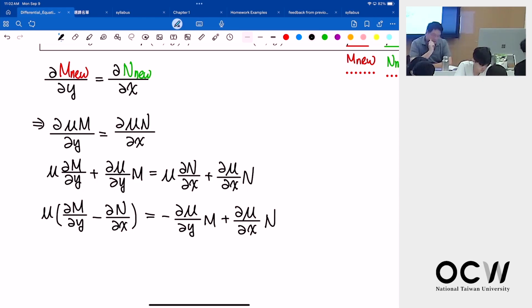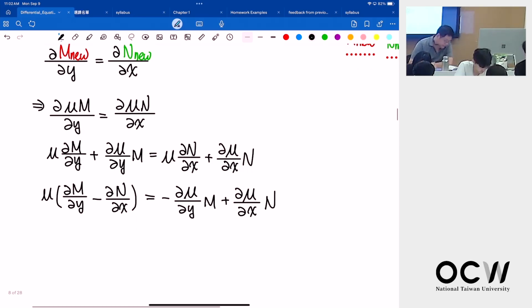Now let's simplify it. If this mu of x, y is just a function of x, let's see what happens.